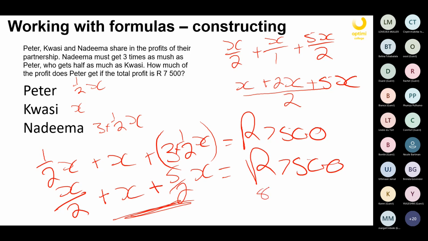So we've got 8X divided by 2 equals 7,500. 8 divided by 2 is 4, so 4X equals 7,500. And now you can solve for X.